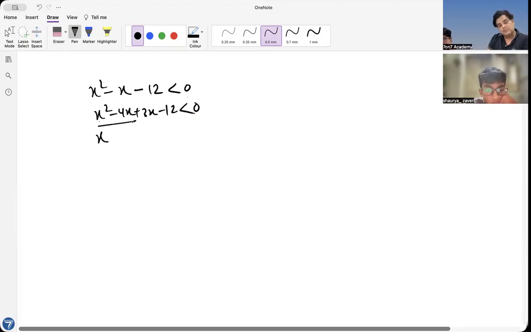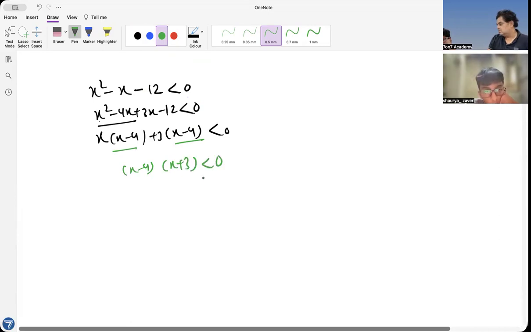So you factor out x from here, x minus 4, and then you factor out plus 3 here, so x minus 4. So this you can take out: x minus 4 times x plus 3 less than 0. So if you locate the roots, this equal to 0 will give you 4, and this equal to 0 will give you minus 3.